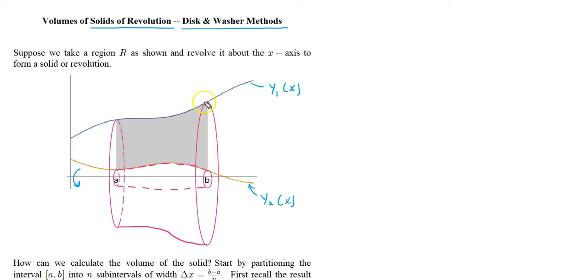So it looks sort of like a bell shape that has the top cut off and it has a hole running through the middle of it. And so what we want to do is calculate the volume of this solid. So let's see how we're going to do that.